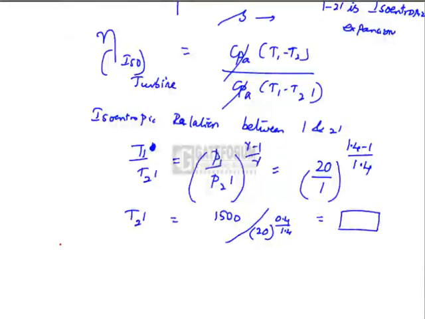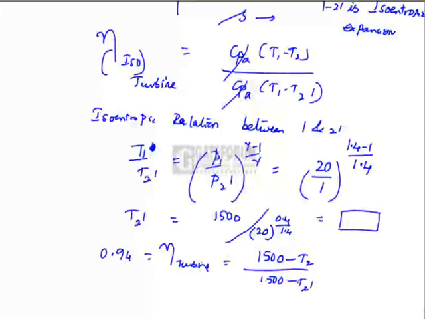Because isentropic efficiency of the turbine is given as 0.94, 0.94 is equal to (T1 minus T2, which we do not know) divided by (1500 minus T2 dash, which is calculated here). From this equation we can calculate T2.